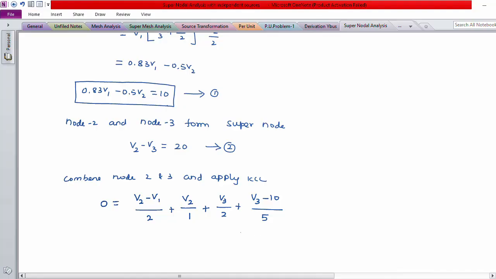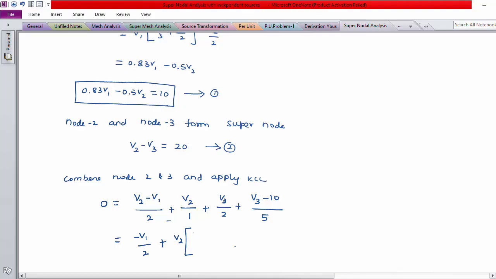Now separate V1, V2 and V3. So we can write the equation in terms of V1, V2, V3. By separating the equations, minus V1 by 2, then combine the V2 by taking V2 outside.